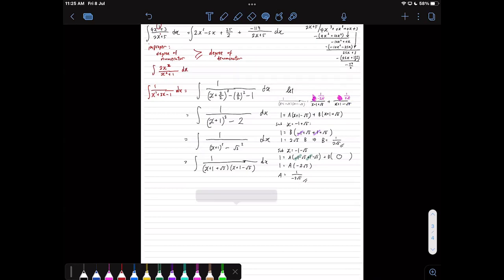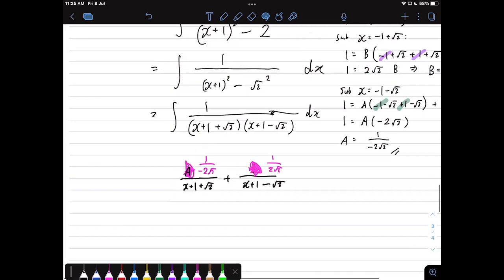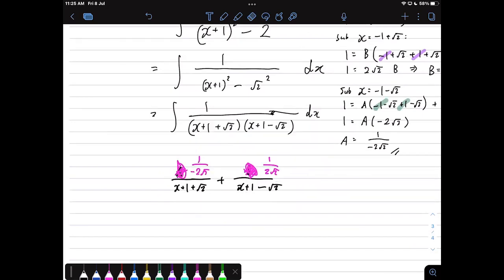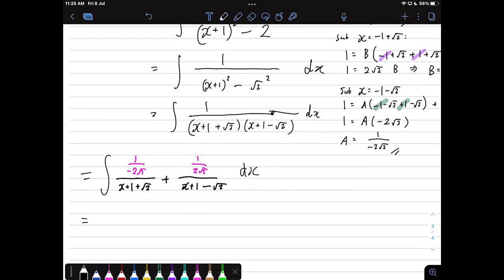Copy, paste. This guy, very small. Let me just expand it and make it look nicer. Integrate dx equals. Okay, now I'll just shift it to the left to save some space. Sorry for the presentation. I'm trying to save some space.